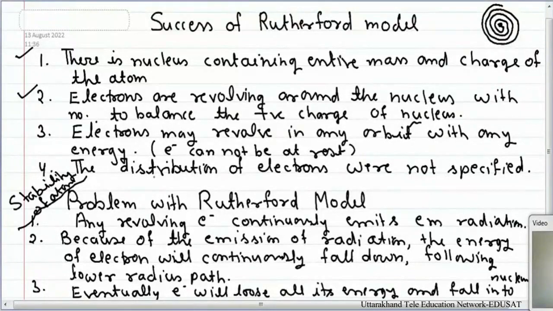And there is one more point: because it has no fixed orbit, it has no fixed energy, therefore let us write the fourth point.